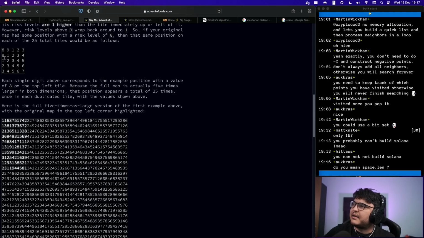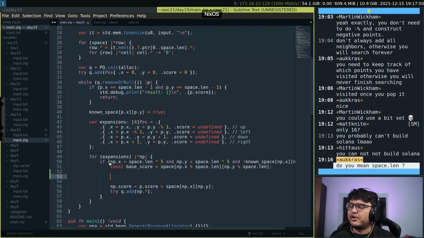I don't think the direction matters, right? Yeah, given that these diagonals are all the same, I think we can just add how many times to the right and how many times towards down we are, and it doesn't matter. I think I can prove this. Going 1 to this and 1 to this is the same. Going in this direction, going in this direction is the same. Going 1 and 1 is the same. So okay, we don't need to distinguish between right and down.